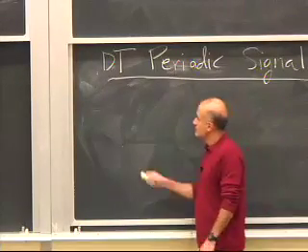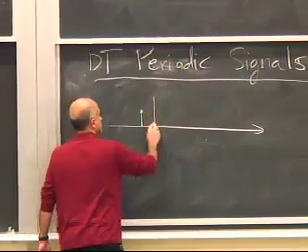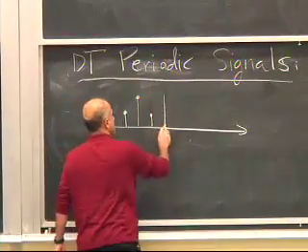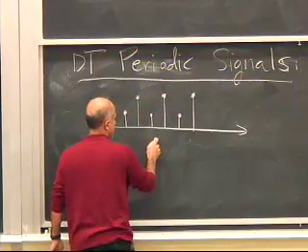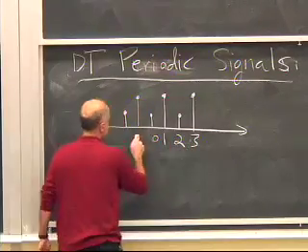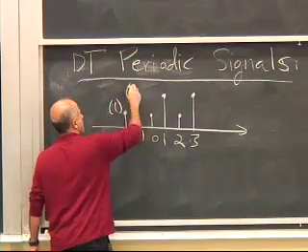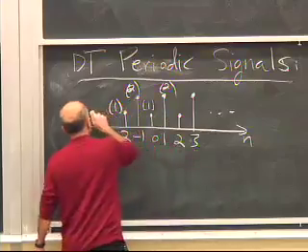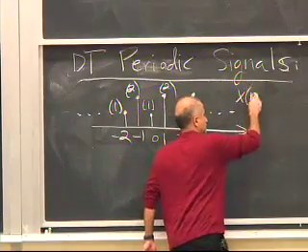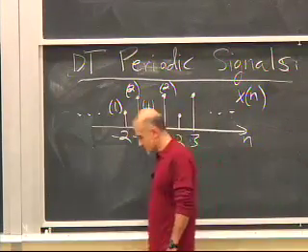All right. So here's an example of a discrete time periodic signal. 1, 2, 1, 2, 1, 2, and so on. 0, 1, 2, 3, minus 1, minus 2. I'm going to develop the Fourier series expansion for these kinds of signals in two ways.